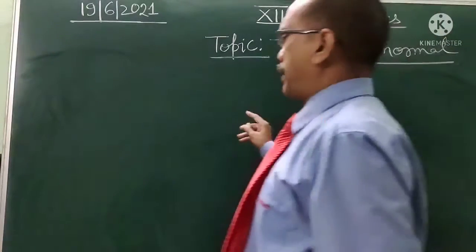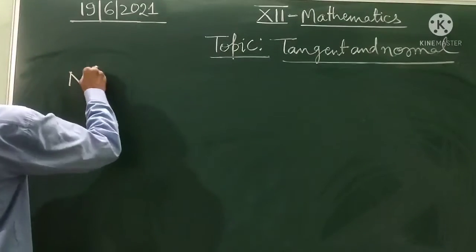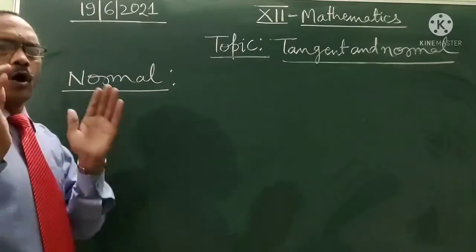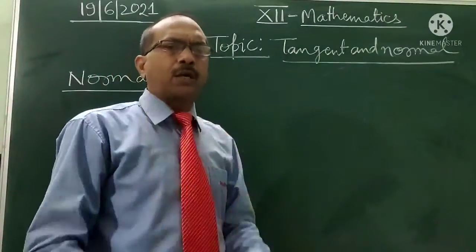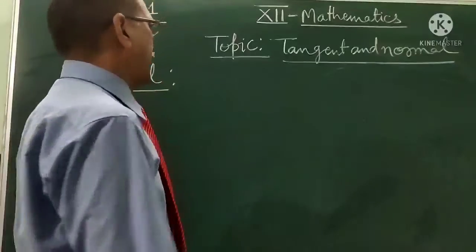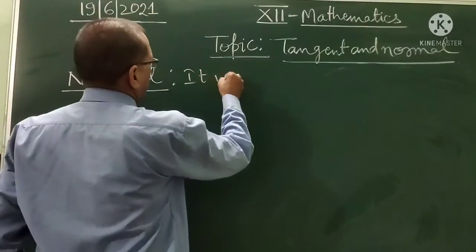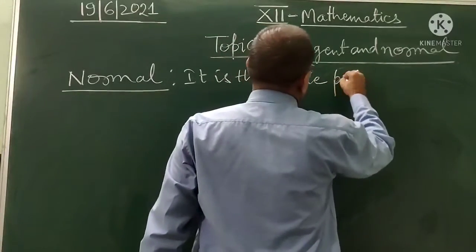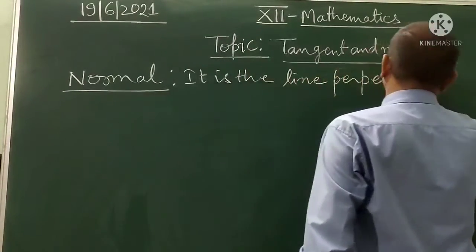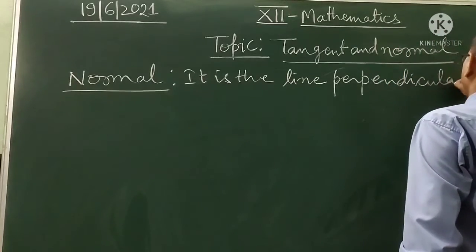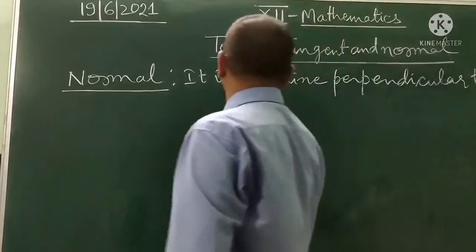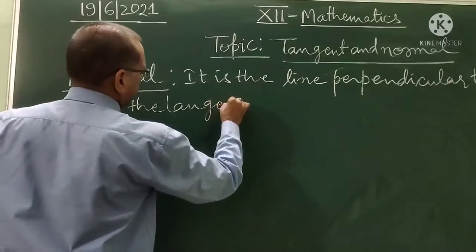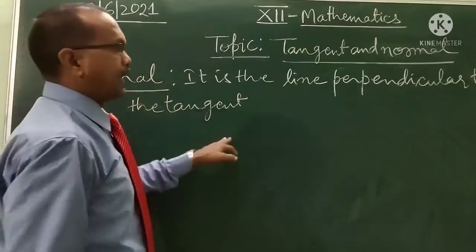Student, now the normal. Normal is the line perpendicular to the tangent at the point of contact.